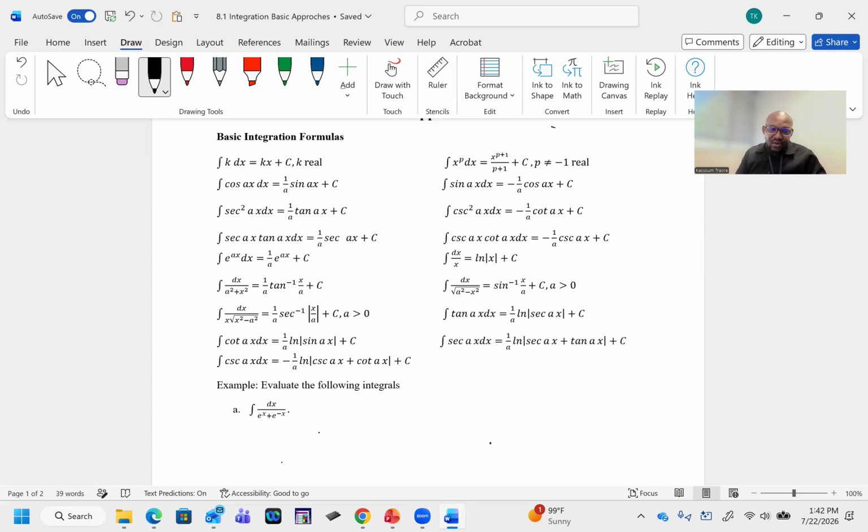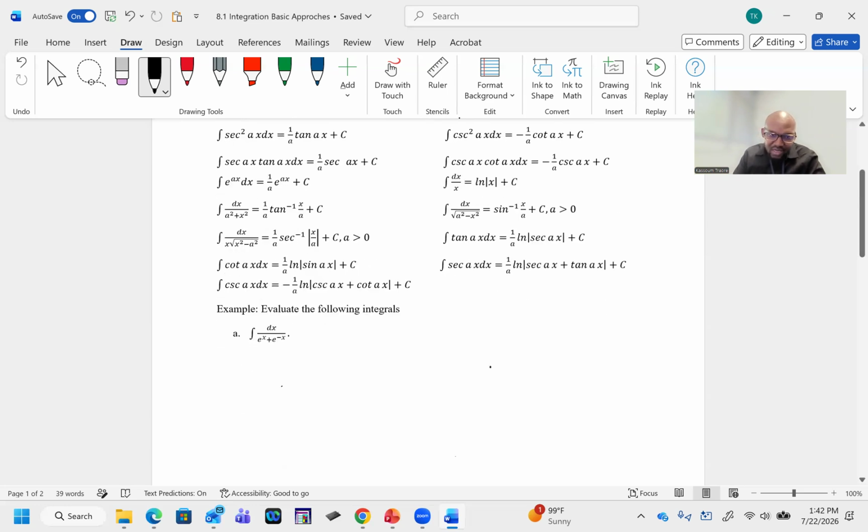Even if we are using substitution, we'll just say let u be equal to e to the power of x. But we have e to the power of x plus e to the power of negative x in the denominator. So my first instinct would be to have just positive power, right?